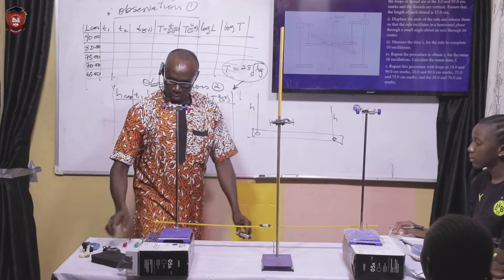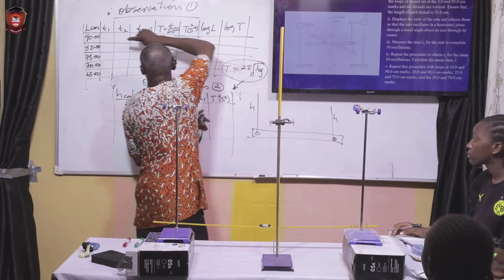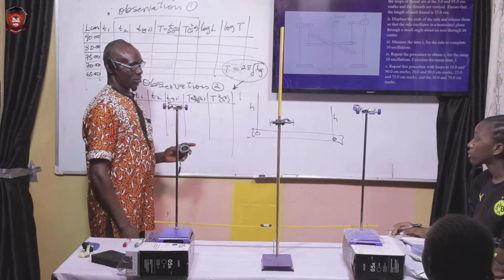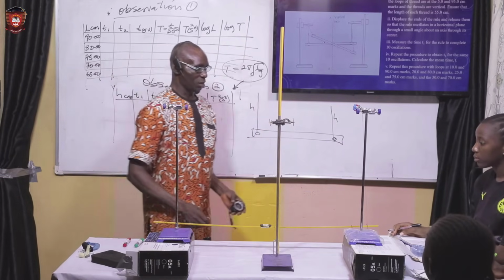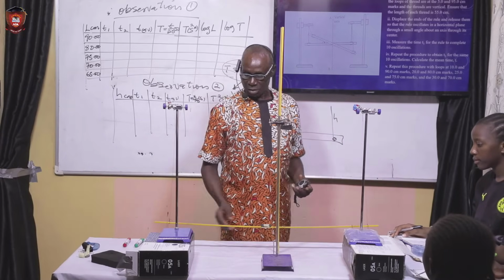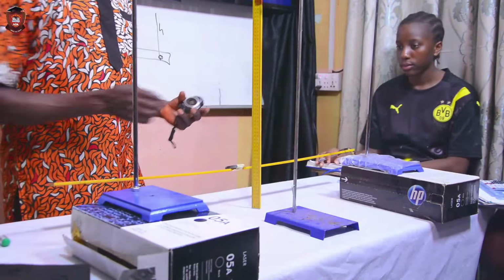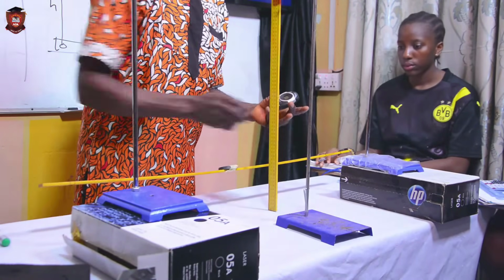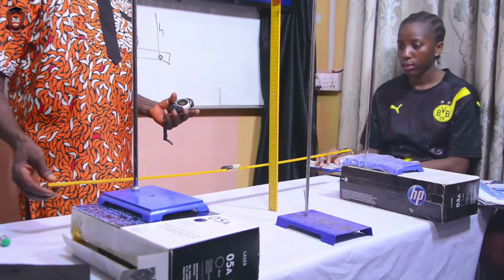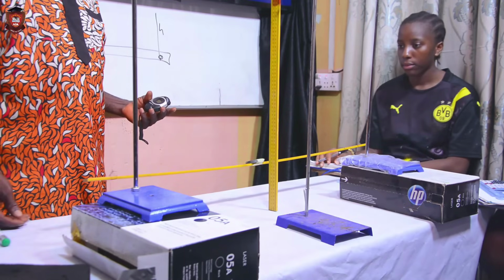And how do you time? You pick up the stopwatch. I'm timing 90 for the variation of the length of the meter rule. So I will display this. First, I'll shift this one back, and then you make sure it's at equal position. Look at the movement.